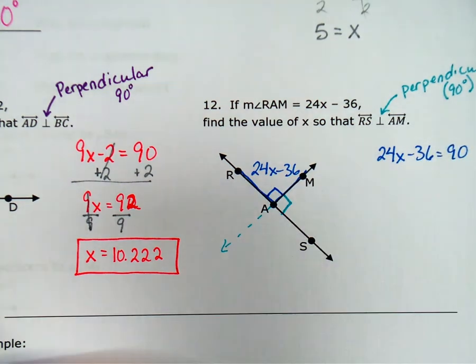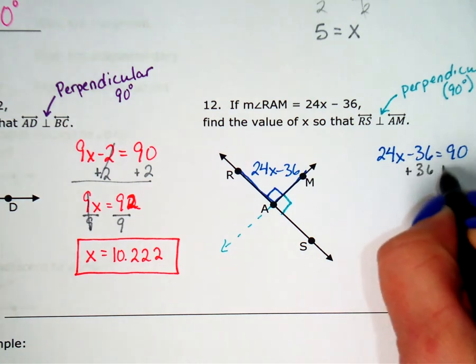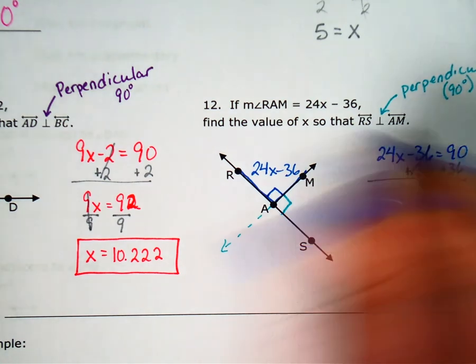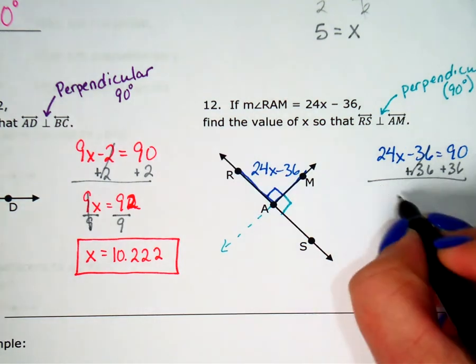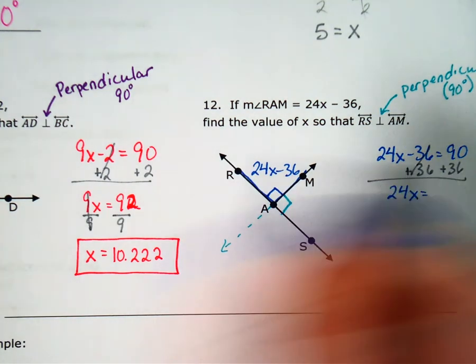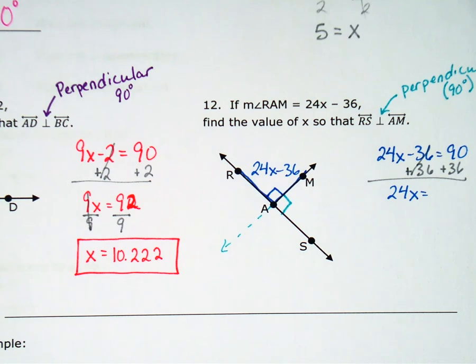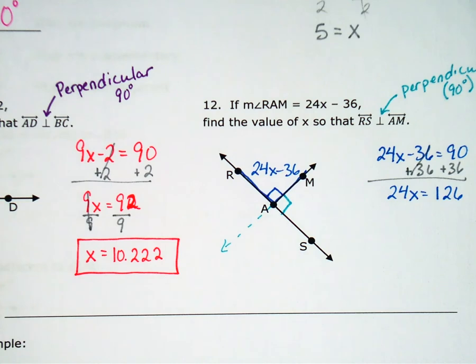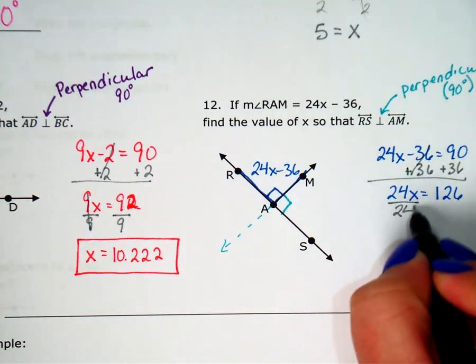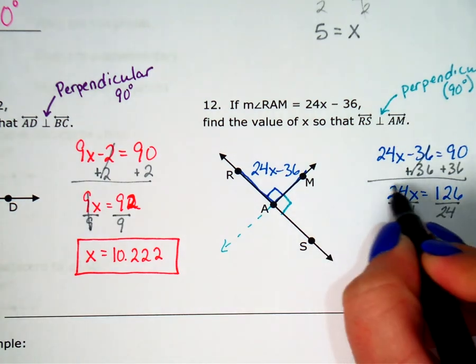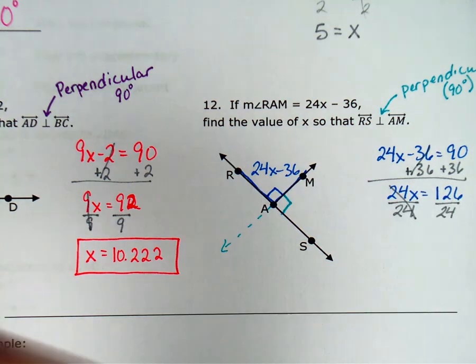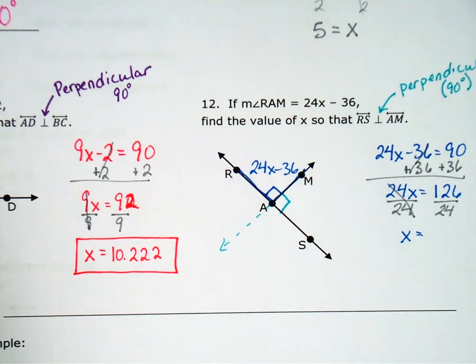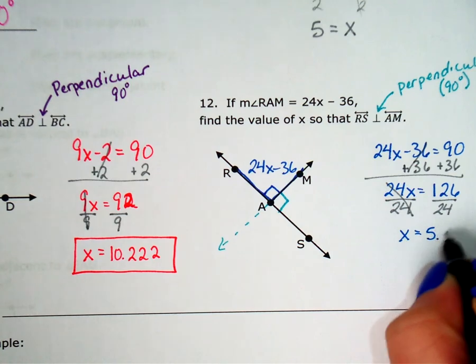So I am going to just add 36 to both sides. 24x equals 90 plus 36, which is 126. Divide both sides by 24. I don't know if that goes in evenly, but if it doesn't, that's okay. I will just round to 3 places. x equals 126 divided by 24 is 5.25.